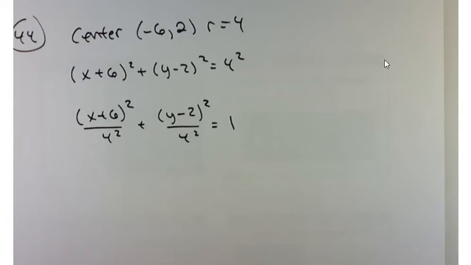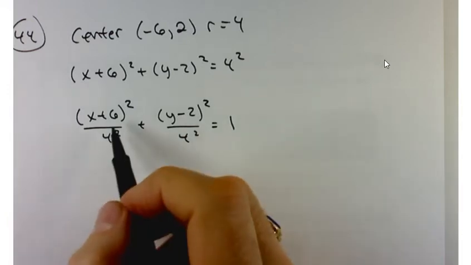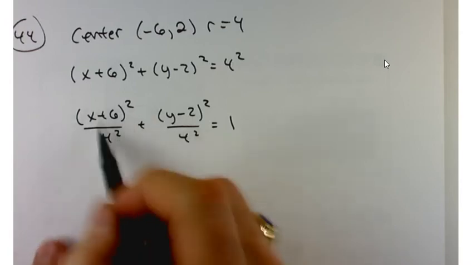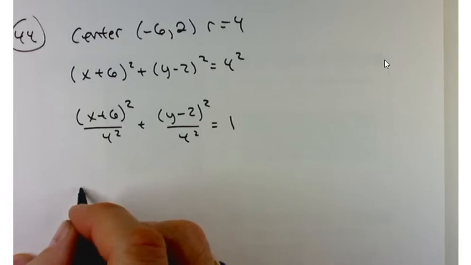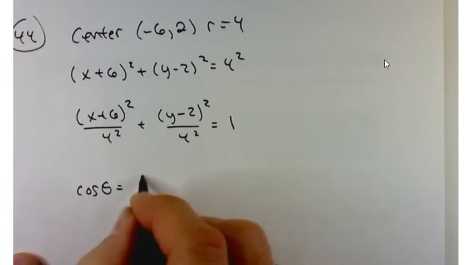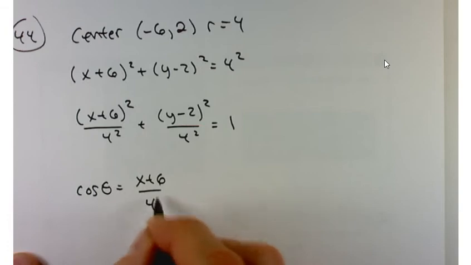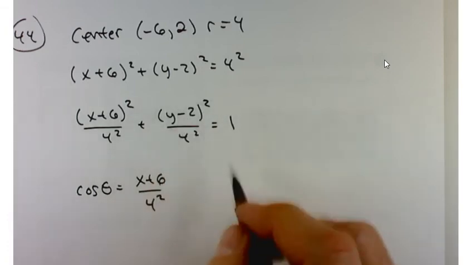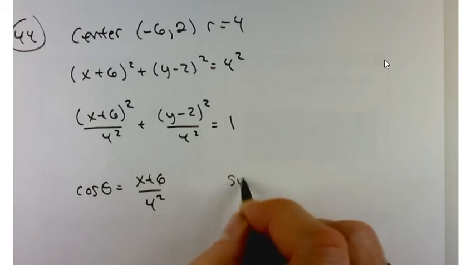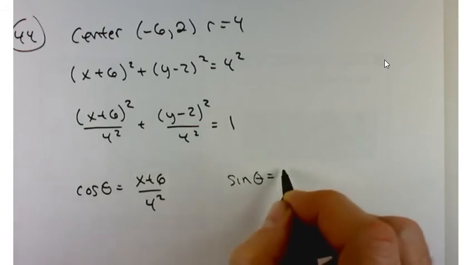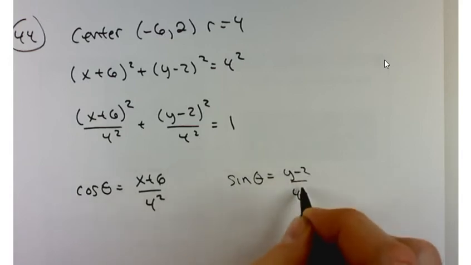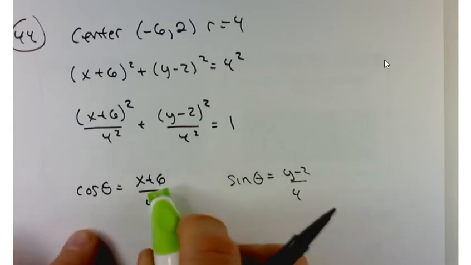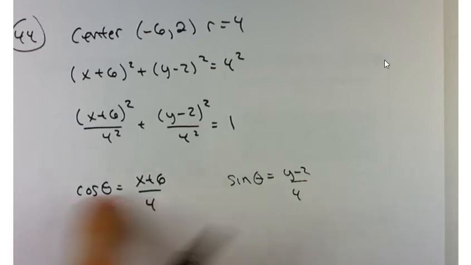So that's giving us a kind of little insight into how we need to finish this one up. This is going to be my cosine term. So let me let cosine of theta equal x plus 6 over 4. What should I do with this term? Yeah, sine of theta equals y minus 2 over 4. Because I'll get the square when I square both sides.